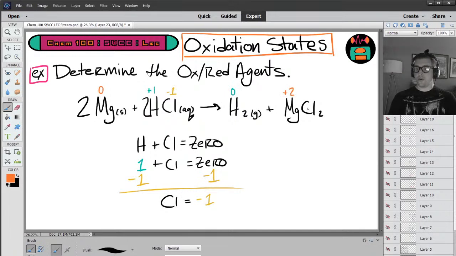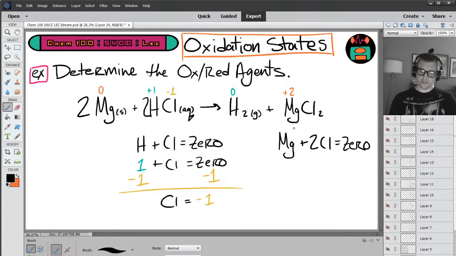And now we can solve for chlorine's oxidation state, because we know that the oxidation state of magnesium plus the oxidation state of 2 chlorines equals our total charge, which is 0. Magnesium has a charge of plus 2, plus 2 chlorides equals 0.